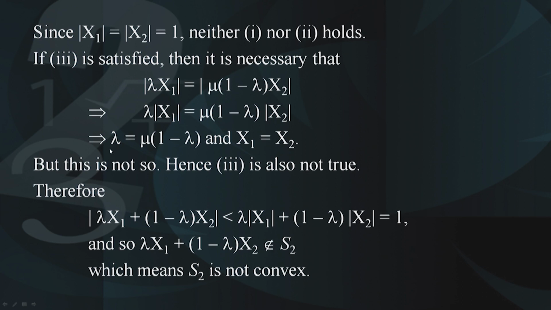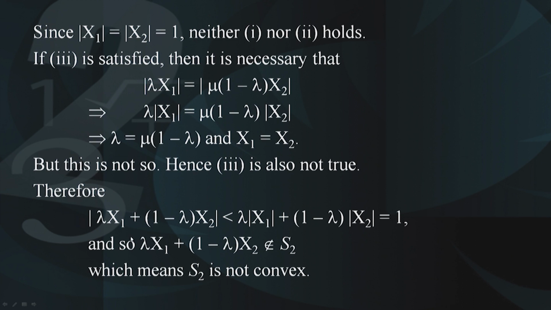That means the scalar lambda should be equal to mu times (1 minus lambda), and this means that x1 is equal to x2. But this is a contradiction, because we have assumed that x1 and x2 should not be equal to each other. Hence, 3 is also not true.